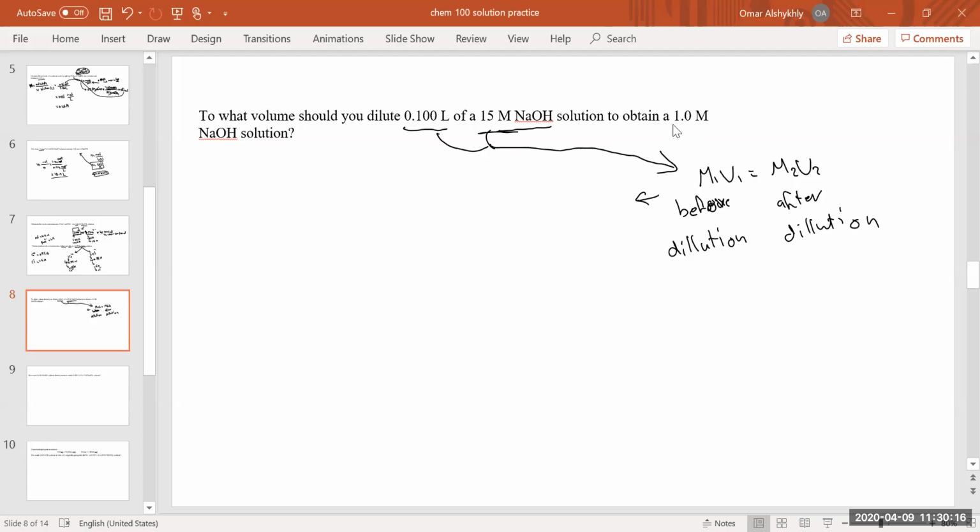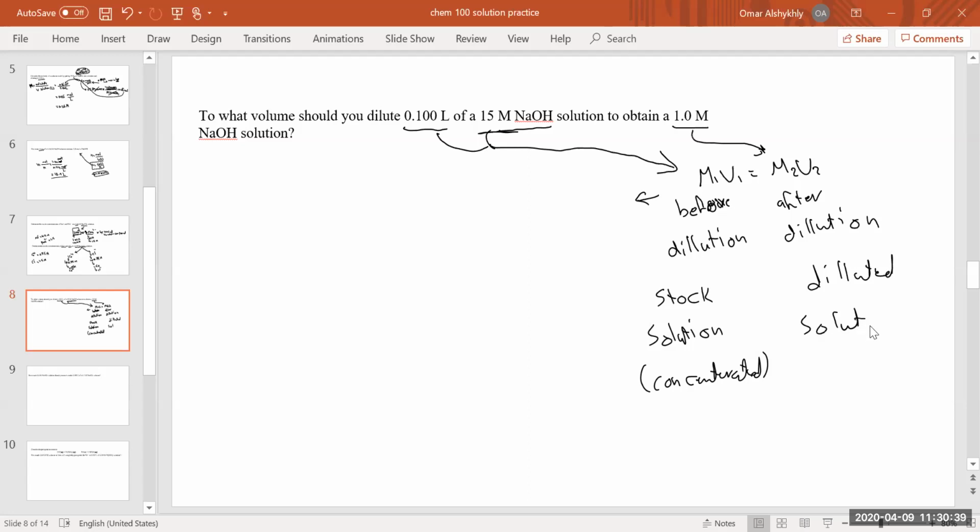Then we have here 1 molar for the diluted solution, and V2 will be unknown.